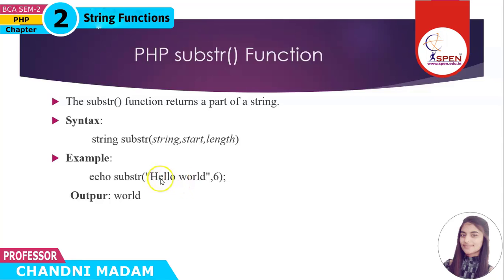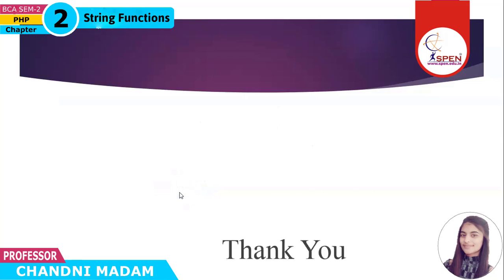So these characters are removed from your string. It will give only "world". So the starting position means where we want to start our new string. Here we will ignore length. So it will only give "world" as output.